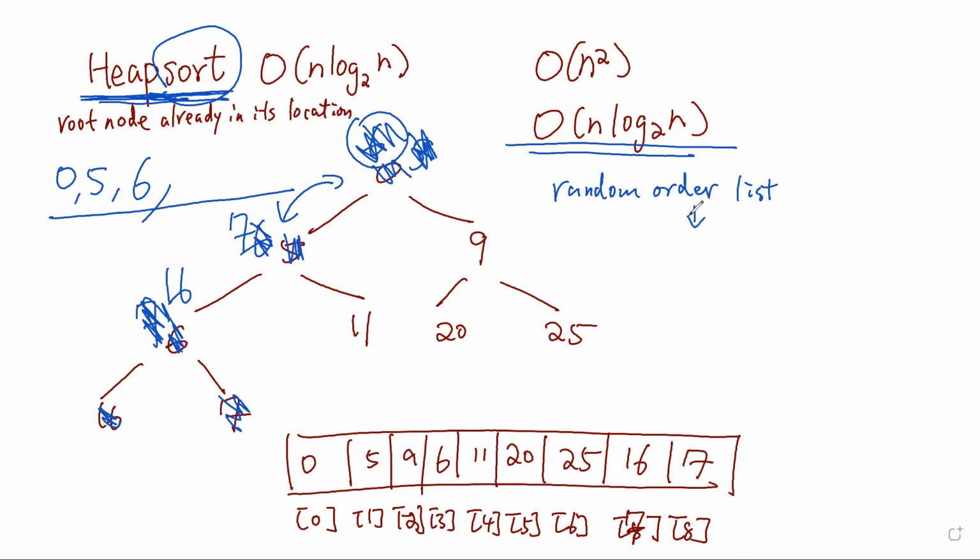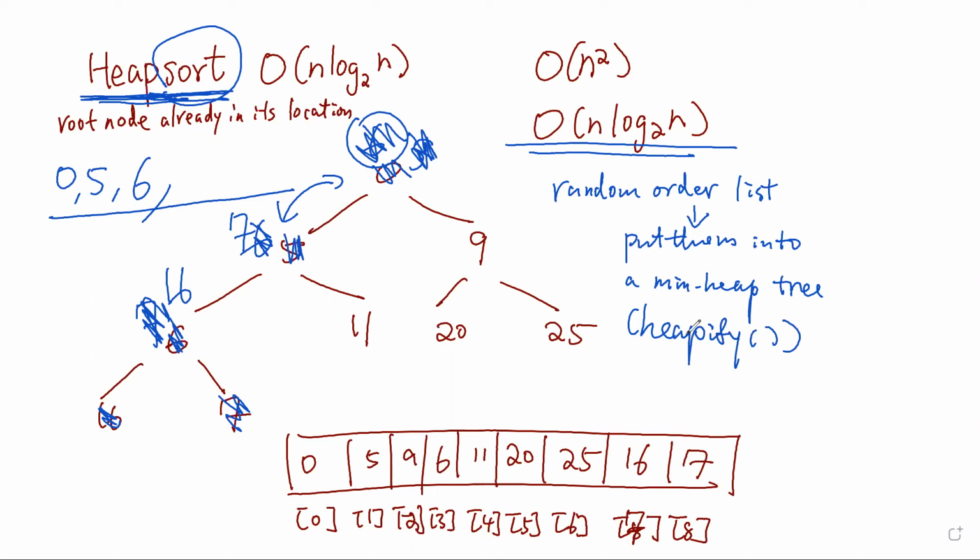Then you need to put them into a minimum heap tree. That process we call heapify. And the heapify time complexity, if you strictly analyze it, is quite complicated, and it's said it's linear.